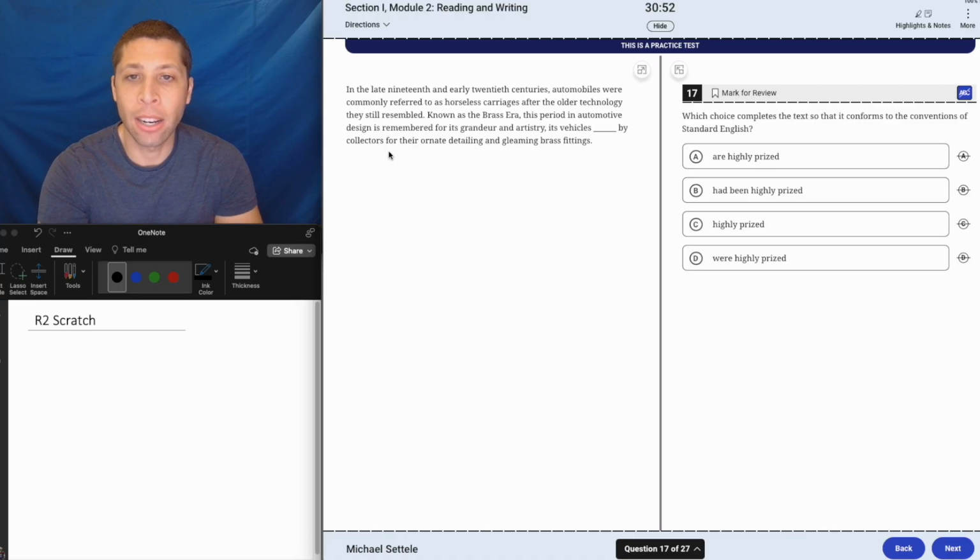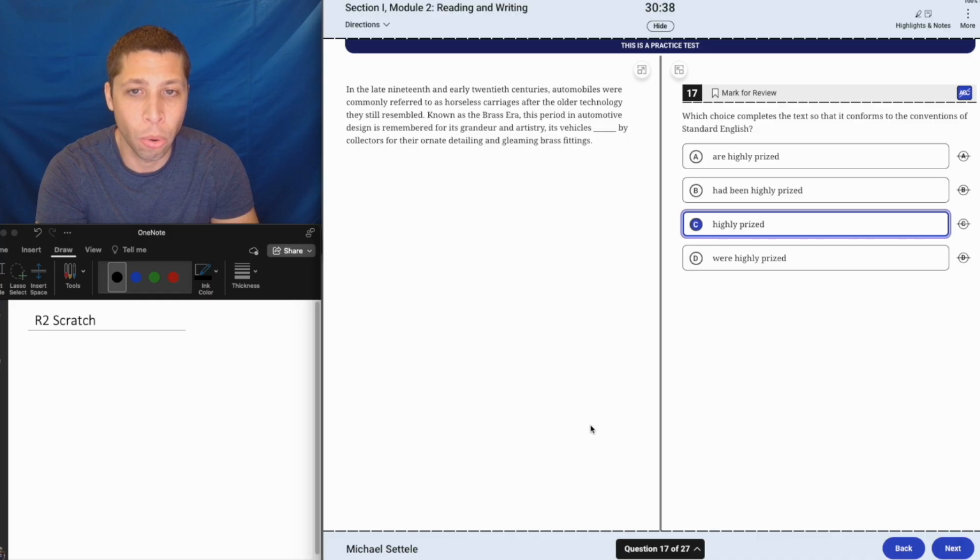In the late 19th and early 20th centuries, automobiles were commonly referred to as horseless carriages after the older technology they still resembled. Known as the brass era, this period in automotive design is remembered for its grandeur and artistry, its vehicles highly prized by collectors for their ornate detailing and gleaming brass fittings. This is weird. Basically, anything else is going to give us a run-on sentence, because this period in automotive design is remembered for its grandeur and artistry.